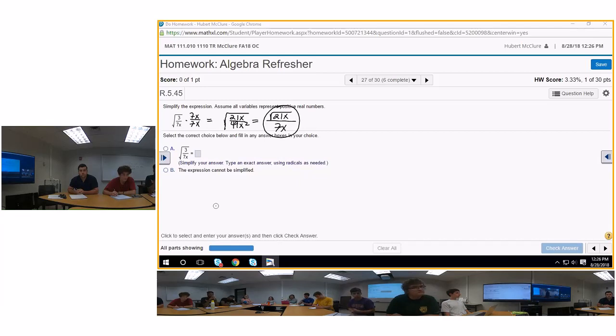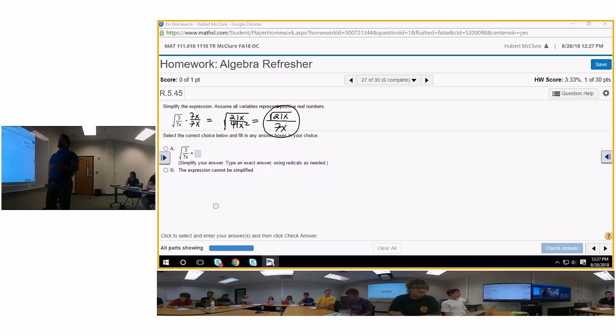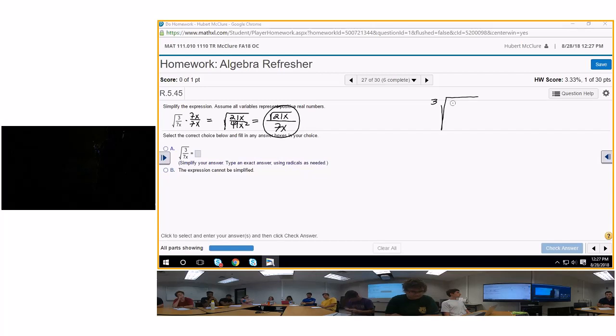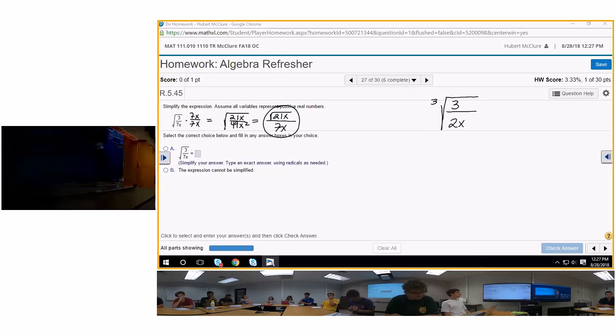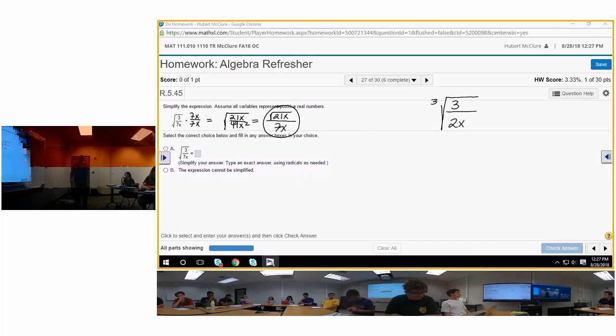Now, what if I gave you the cube root of 3 over 2x? Somebody tell me how I would start this problem.